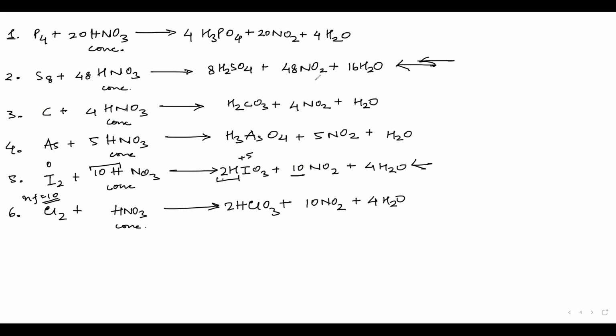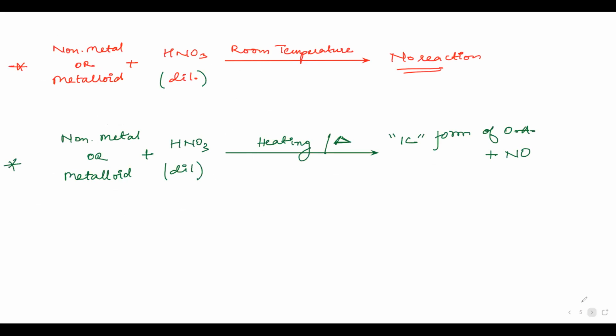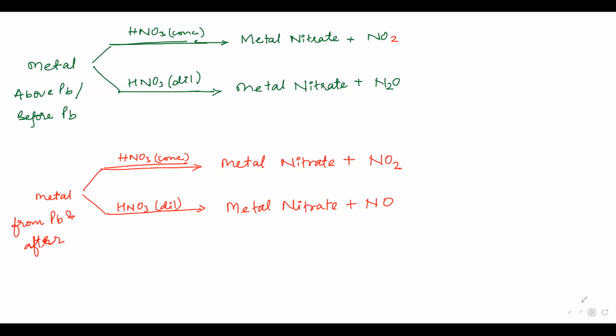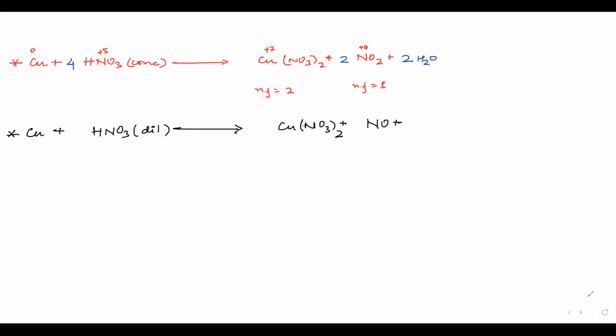I've seen people crying for this reaction. 48 HNO3, you cannot even imagine that there can be a coefficient of 48 in a chemical reaction, but it is there and it is logical also, and you know how to calculate it. You don't have to do hit and trial. Hit and trial will take so much time. You will not arrive at the answer. For this reaction you can never do hit and trial. And also if you start with n factor here, then again you cannot.